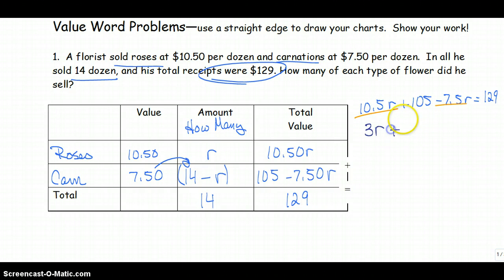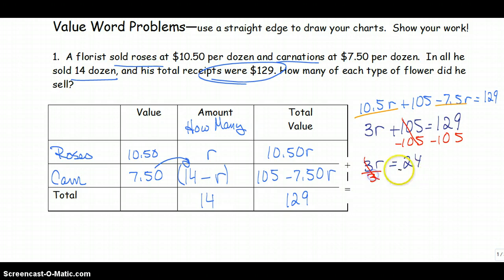So now I have 3R plus 105 is equal to 129. I'm going to subtract 105 from each side. So now I have 3R is equal to 24.